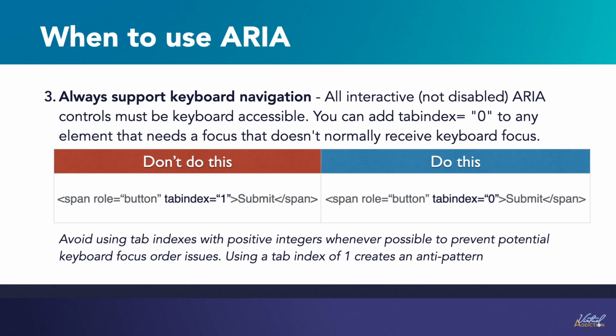So if you need an element to come sooner in the tab order, you should move it to an earlier spot in the DOM. If you use a negative value, it's going to remove the element from the natural tab order. These elements will not be focused by default. You would need to add some additional JavaScript in order for the elements to have focus.